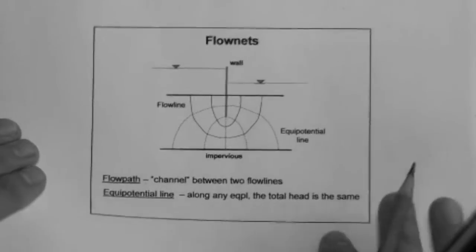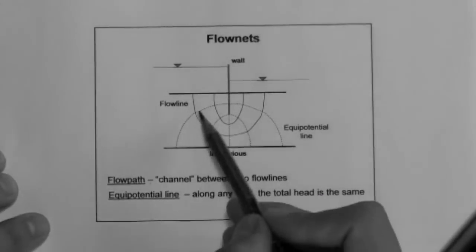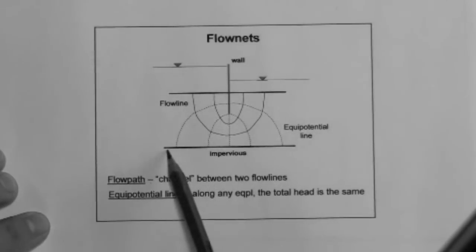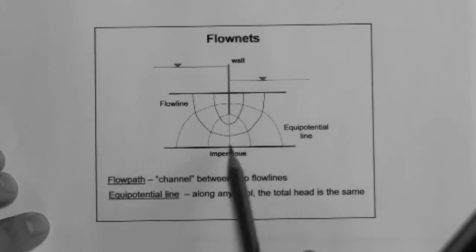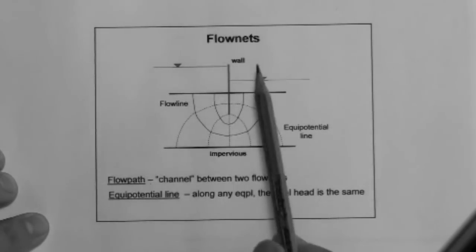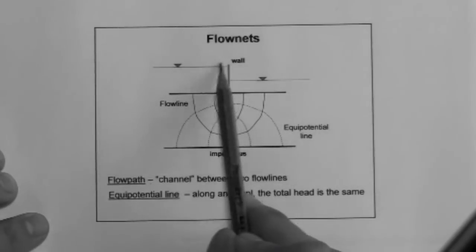So, for example, if the problem looks like this, forget about these lines or curves for now. Just think about the fact that here's the bedrock, this is soil, here's the ground surface, here's a wall inserted in the ground. Here's the downstream side and the upstream side.